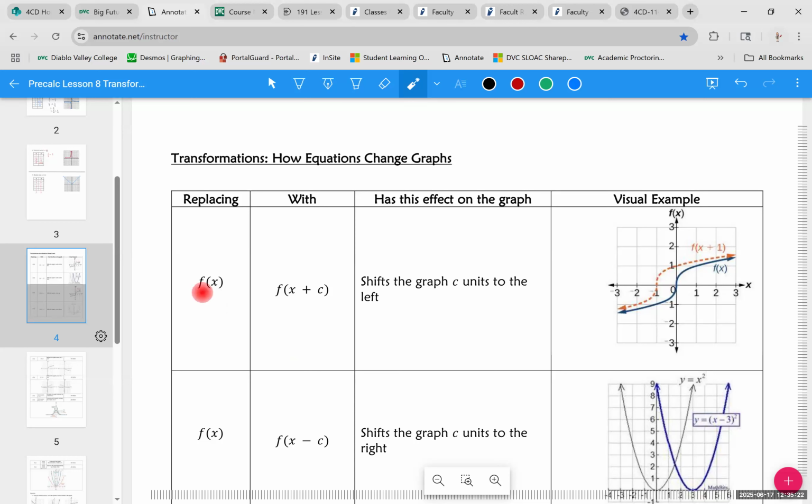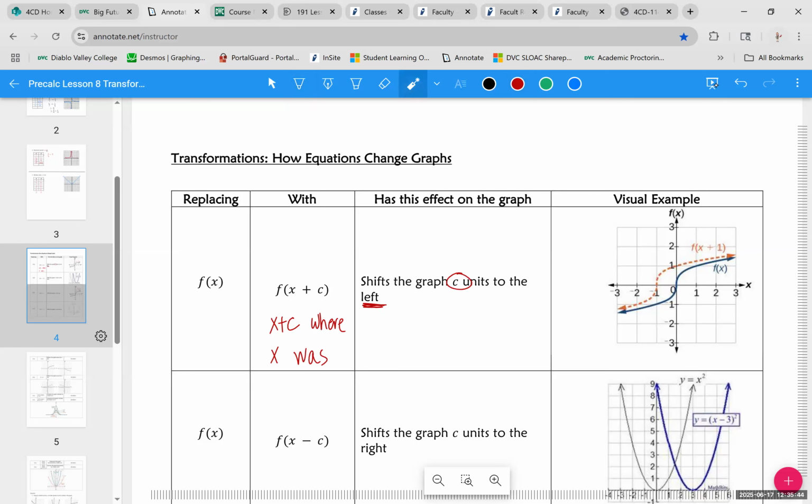All right, so if we replace f of x, in other words, the equation that we have, with f of x plus c, so what you're doing is you're using x plus c where x was. Then what that does is that shifts the graph c units to the left.